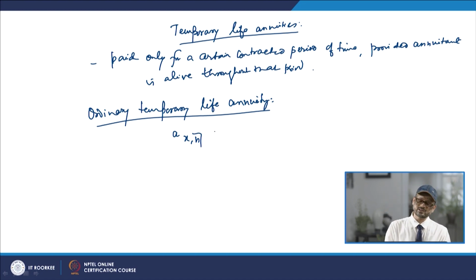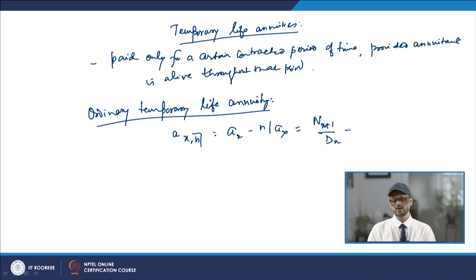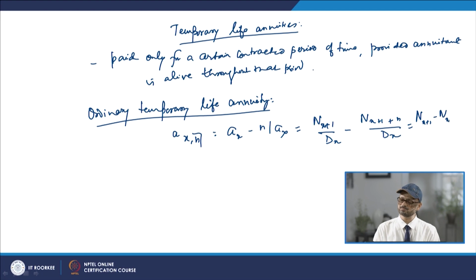It will be the difference between the whole life annuity and the deferred whole life annuity, so it will be ax minus n ax. As we know ax is Nx plus 1 by Dx, and for the deferred annuity you have Nx plus 1 plus n by Dx. So it becomes Nx plus 1 minus Nx plus 1 plus n divided by Dx.